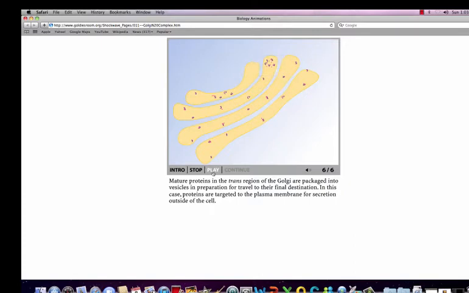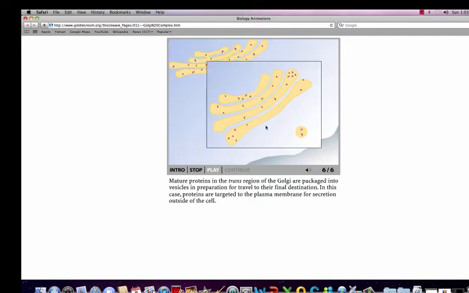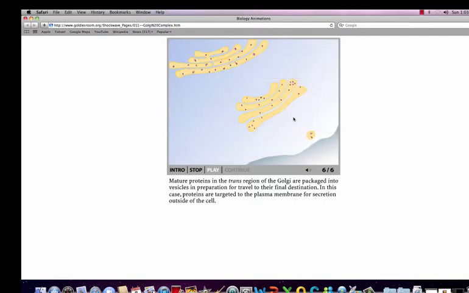Okay. So now, notice how it became part of this other region. Now it continues to be transported. Okay. And now it buds off and leaves the Golgi, traveling to its final destination. In this case, these proteins that were made and modified were targeted to the plasma membrane to be secreted outside of the cell.